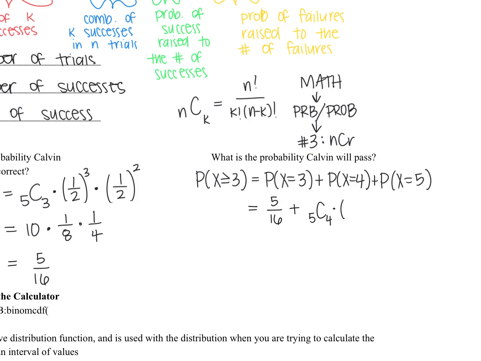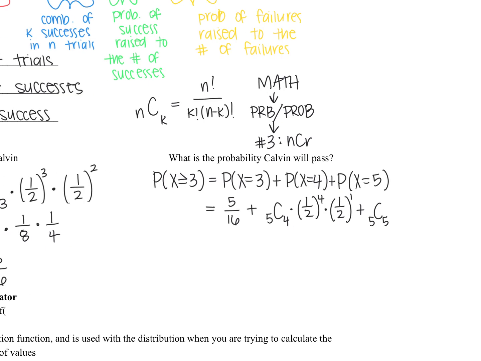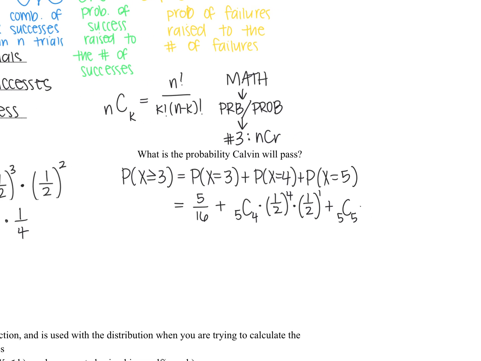But then I would have to do 5c4 times 1/2 to the 4th times 1/2 to the 1st. And then I have to do 5c5 times 1/2 to the 5th times 1/2 to the 1st. So I have to do my remaining probabilities.